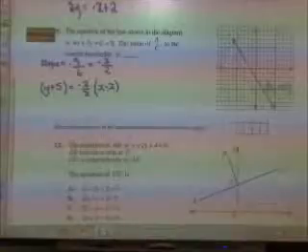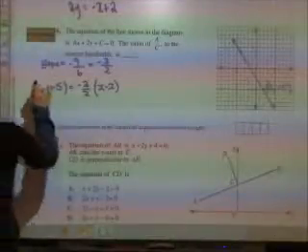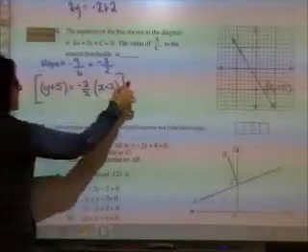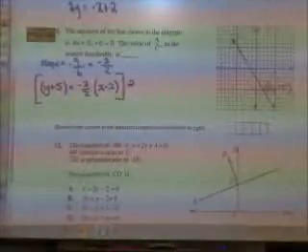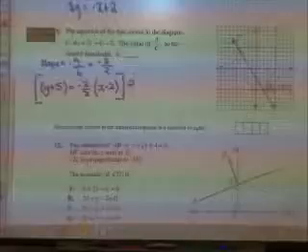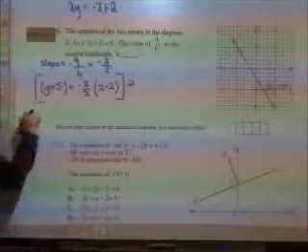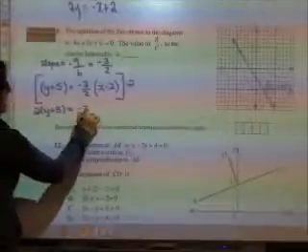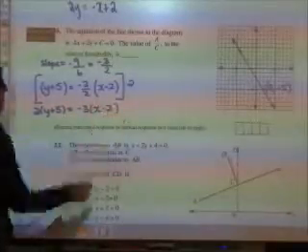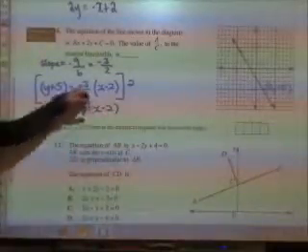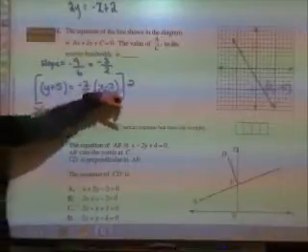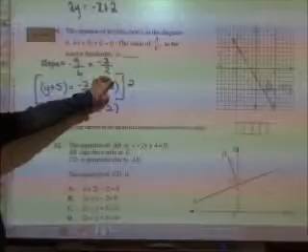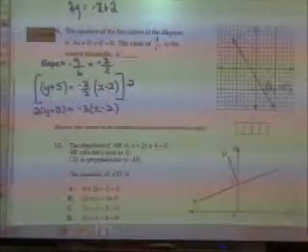First thing that I want to do is get rid of the fraction, so I want to get rid of this half by multiplying everything by 2. So I get 2 times y plus 5 equals negative 3 times x minus 2. So again, remember, this negative 3/2 gets multiplied by 2 and it protects everything inside the bracket, so that anything inside the bracket stays as is.